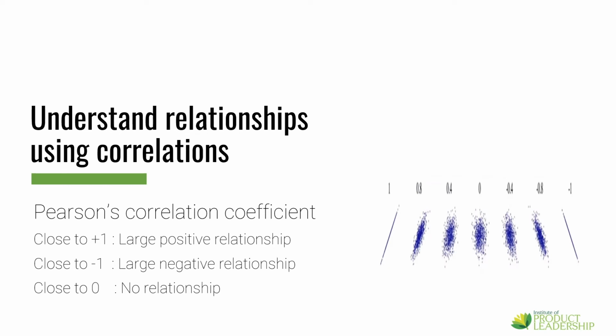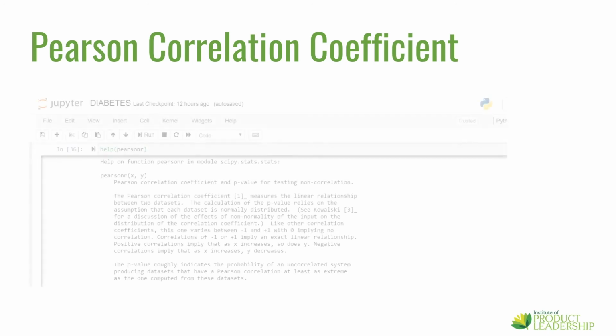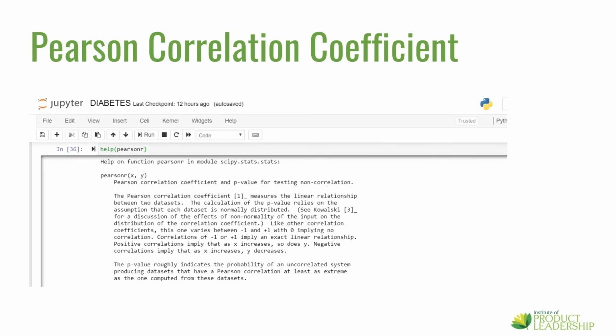Therefore, it is a good idea to review all the pairwise correlations of the attributes in the dataset and, if necessary, either remove them or transform them. You can type the help function in Jupyter Notebook to read more about Pearson's coefficient. As stated earlier, this method is used to find the degree of association between numerical variables, and we will hence use Pearson's coefficient. Note that it varies from -1 to +1.